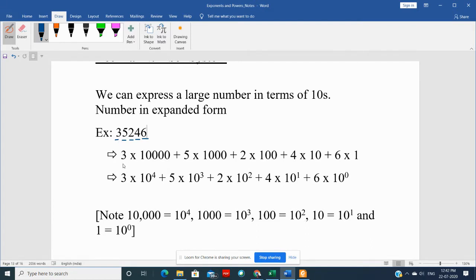Means 3 is at the 10,000s place, so we will write 3 into 10,000. 5 is at the thousands place, so we will write 5 into 1,000. 2 is at the hundreds place, so 2 into 100. 4 is at tens place, so 4 into 10. And 6 is at ones place, so 6 into 1.